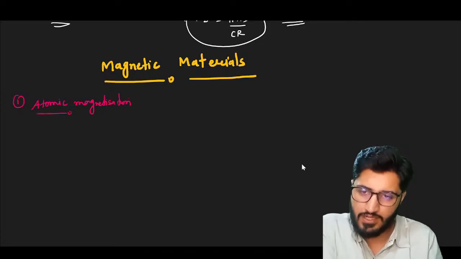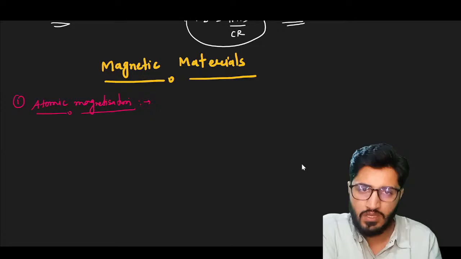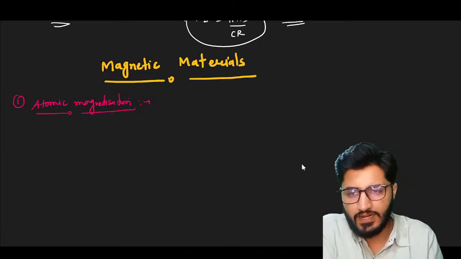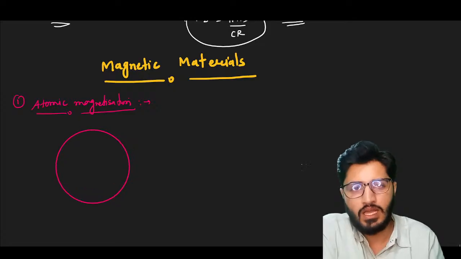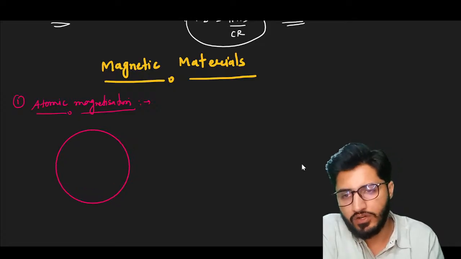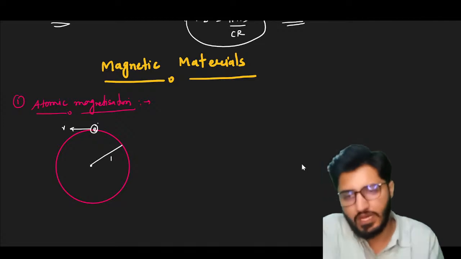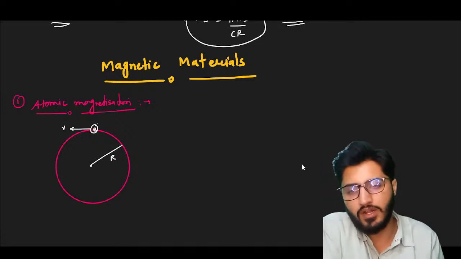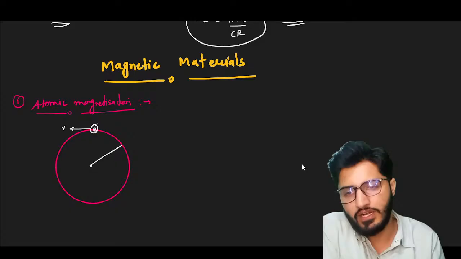Atomic magnetization. It simply indicates that if we have an atom, and in my atom, an electron is revolving. This is my electron. This electron is revolving with some speed v. The radius of this atom is r, small r.